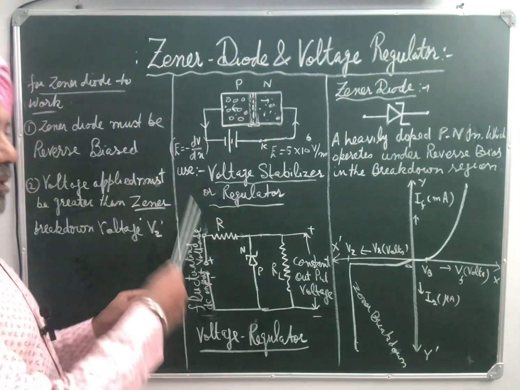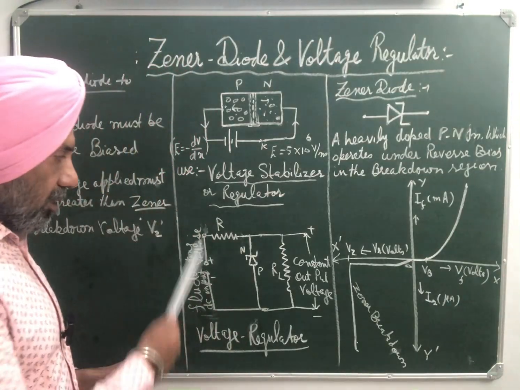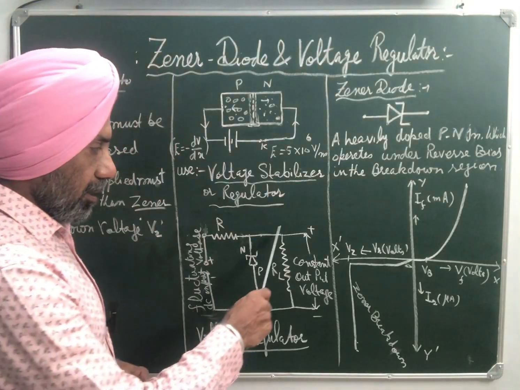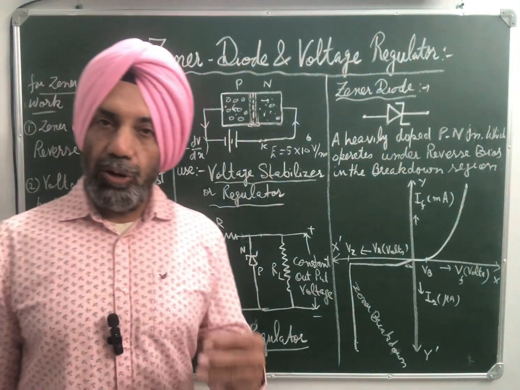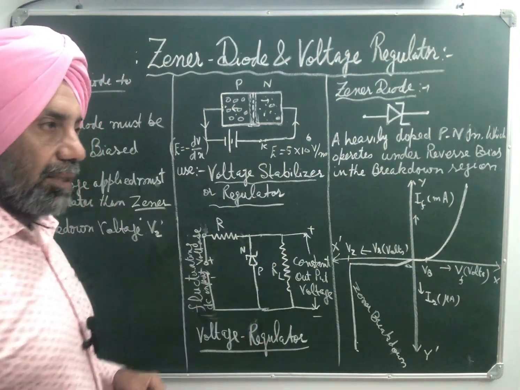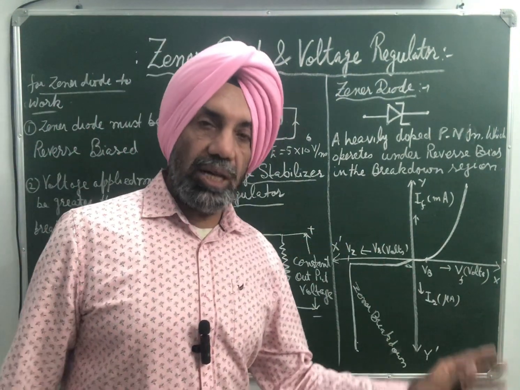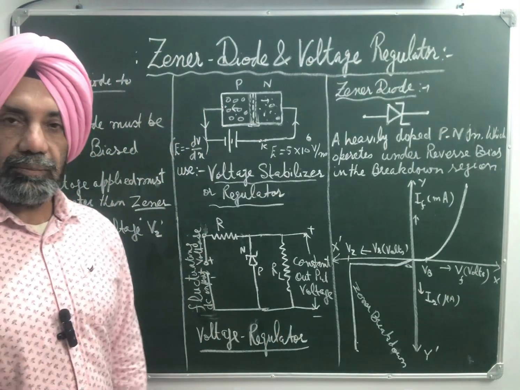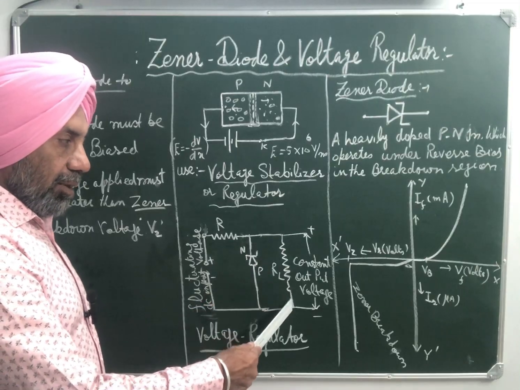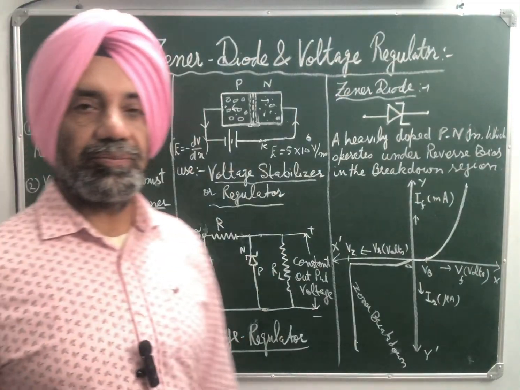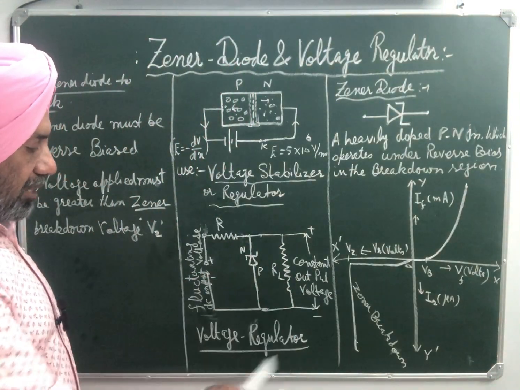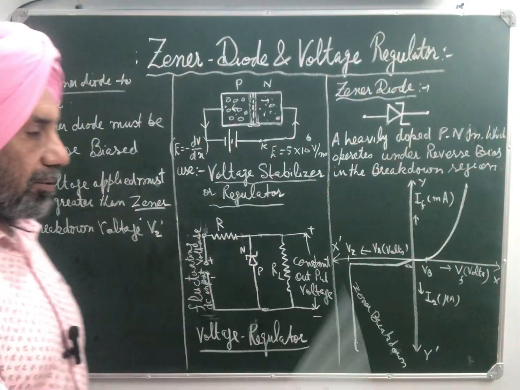Similarly, when voltage decreases, the potential difference across R decreases, but the current across the load remains the same. As a result, we always get constant output across the load. So Zener diode plays an important role in making the voltage across RL constant. This is how Zener diode acts as a voltage regulator or voltage stabilizer.